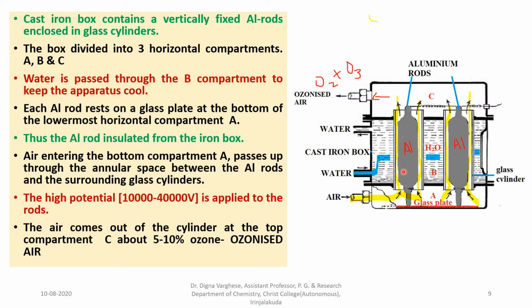the apparatus. In the C compartment an electric potential is applied, and the air is passed from the lower part of the compartment, that is A, and it is passed up through the annular space between the glass cylinder and the aluminum rods, and the electrical potential is applied to this air or oxygen.